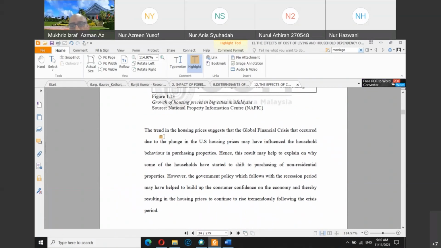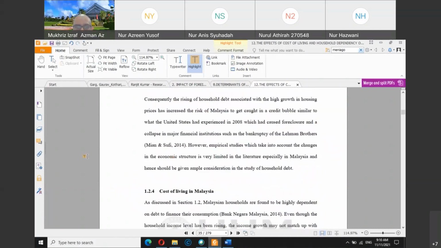So who says this? According to whom? If it's according to the Department of Statistics, you need to put the reference in your writing. You cannot simply make a statement without referring to the original source, or where the information that you get comes from. So that is academic writing.